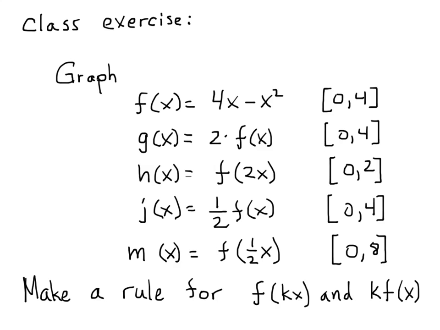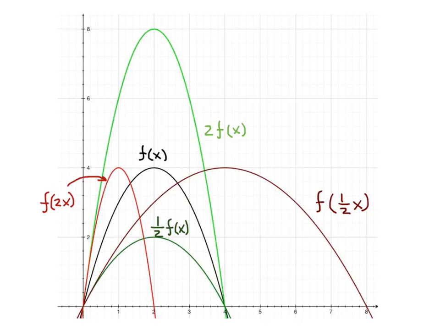So I'd like you to then take that function and multiply it by 2 or multiply x by 2 and graph it in those intervals and see what we come up with. All right, any questions on this?